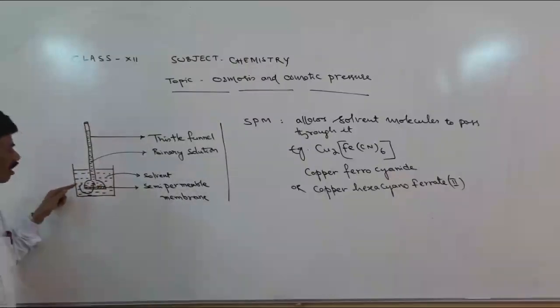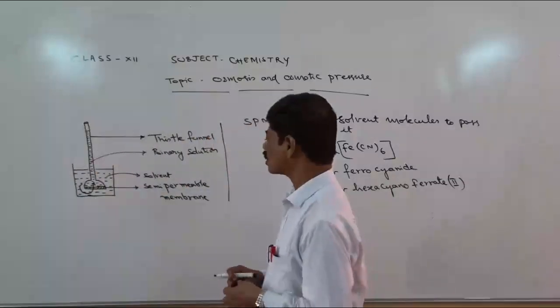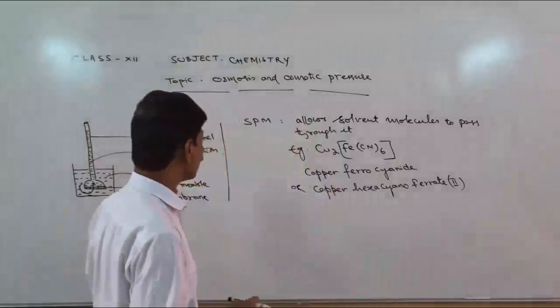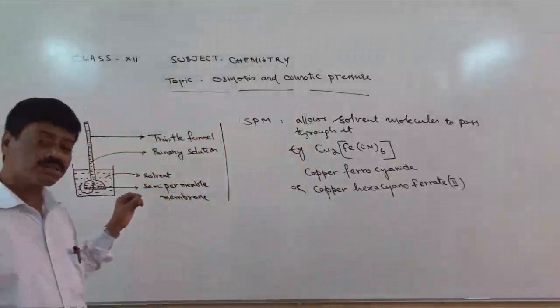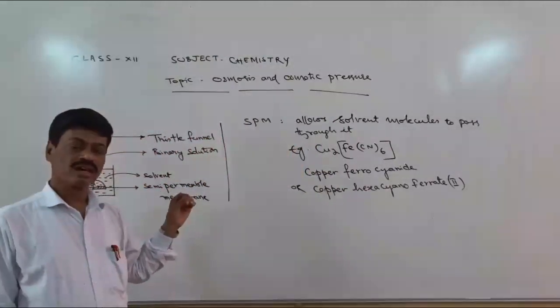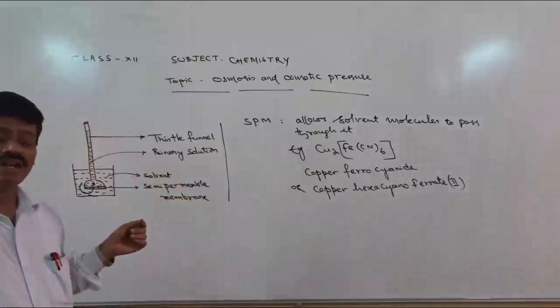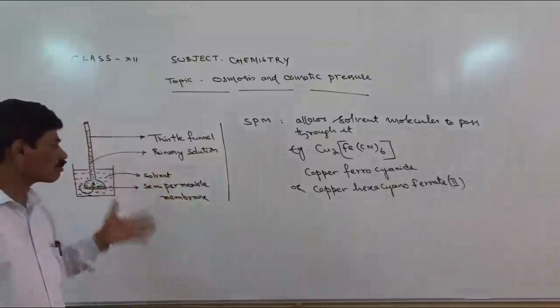This curved arrow indicates that the molecules of solvent are entering the solution via the semi-permeable membrane. So the semi-permeable membrane allows only solvent particles or molecules to enter the solution, and vice versa is not possible. Means solution particles will not leave the thistle funnel via the semi-permeable membrane.